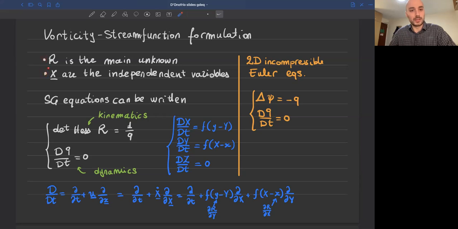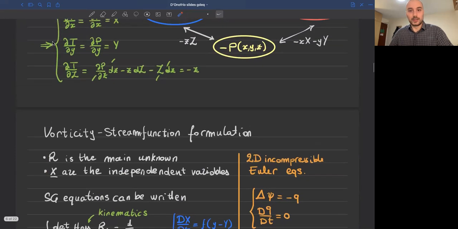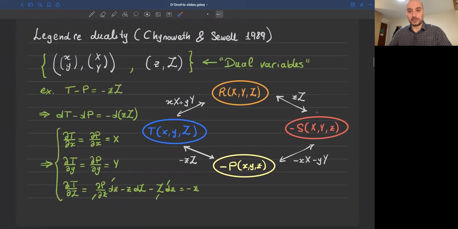And this is possible if we choose R as our main variable instead of P. Let's just recall what R is. R is the full Legendre transform of P, so it depends only on capital variables.